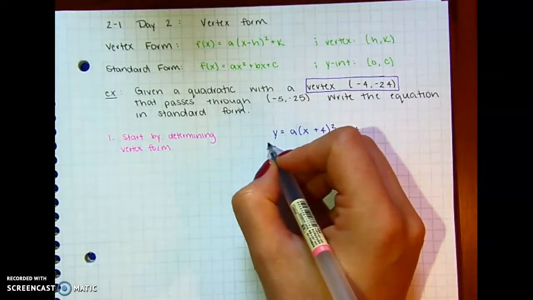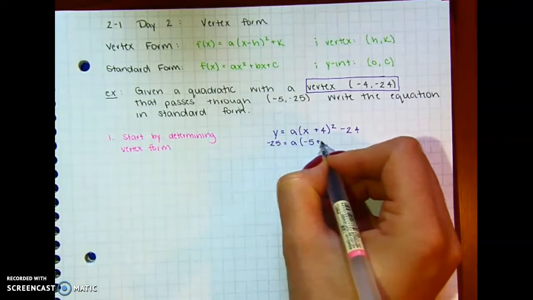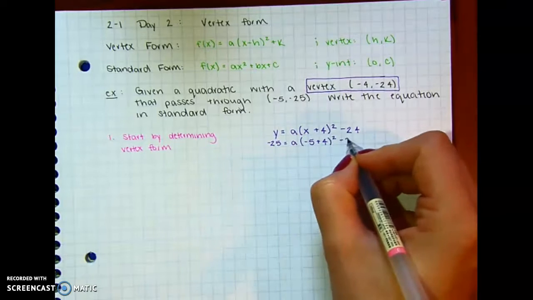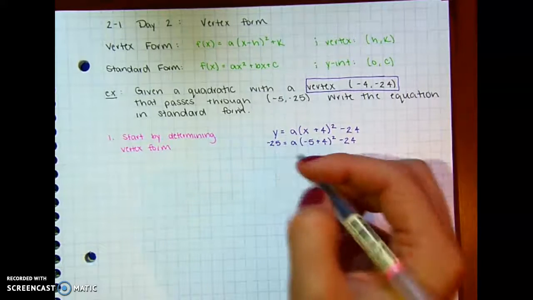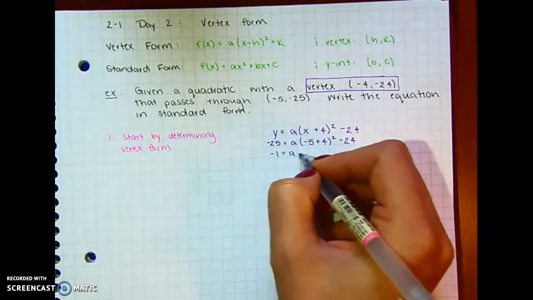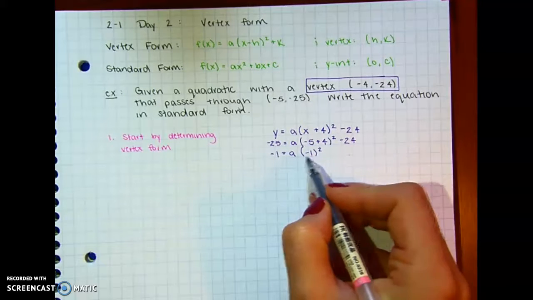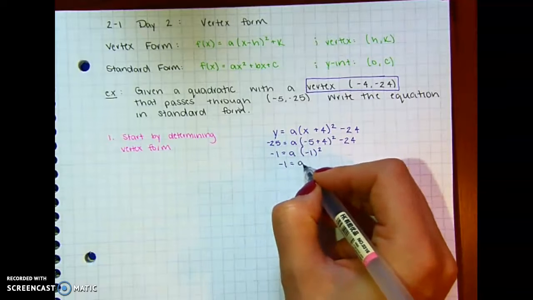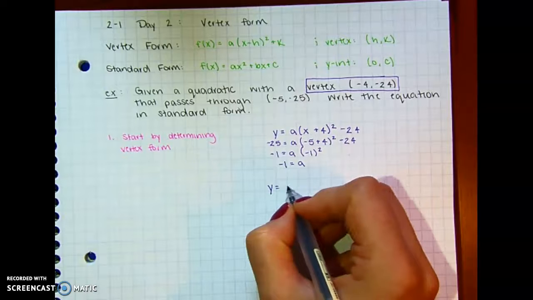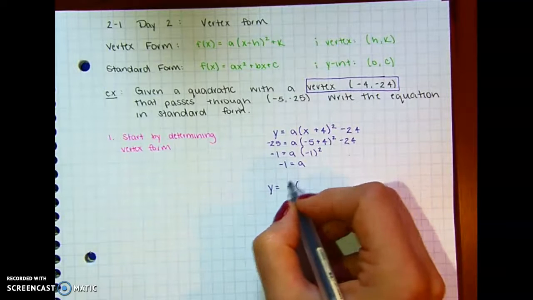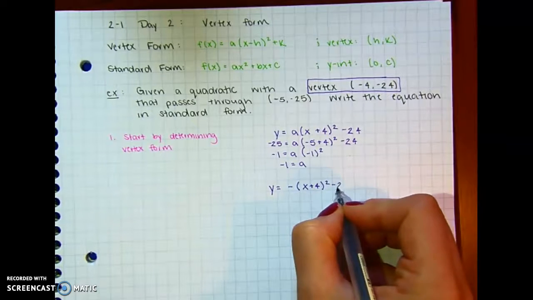So -25 equals a times (-5 plus 4) squared minus 24. I'm going to add 24 to both sides. We get -1 equals a times (-5 plus 4, which is -1) squared. So this will just be 1. So I know that -1 equals a. Now that I have my vertex form equation, I'm going to write that out. We don't have to put a 1 here because -1 will just make it negative. So I'm going to have negative (x plus 4) squared minus 24.